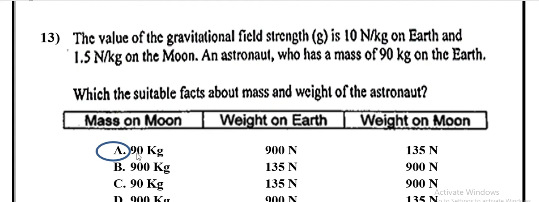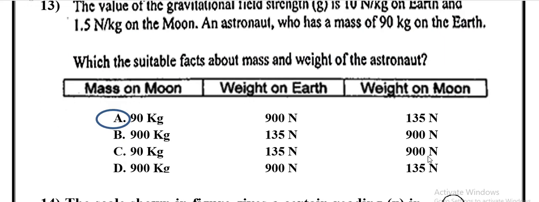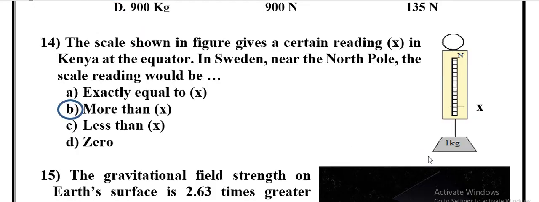Mass is the same, 90 kilograms. Weight equals mass times G. G on Earth equals 10, so 10 times 90 will be 900. And the weight on the Moon will equal mass times the gravitational field strength on the Moon, that will equal 135 newtons.